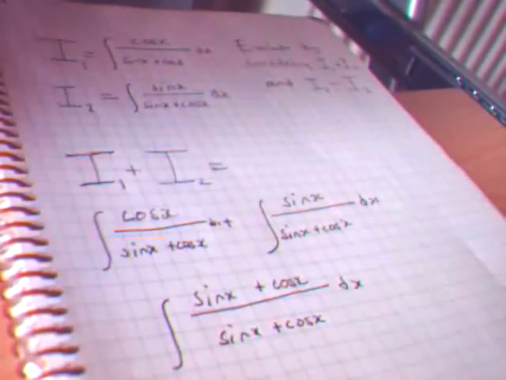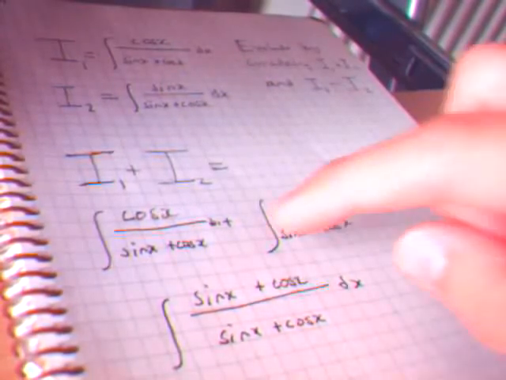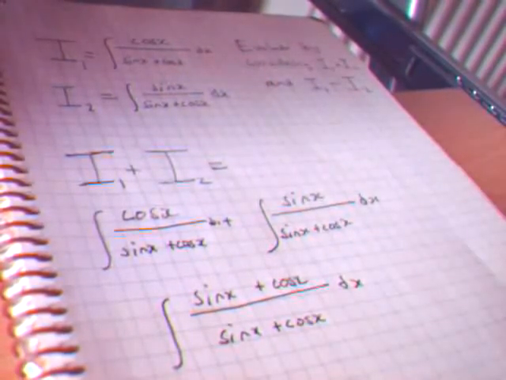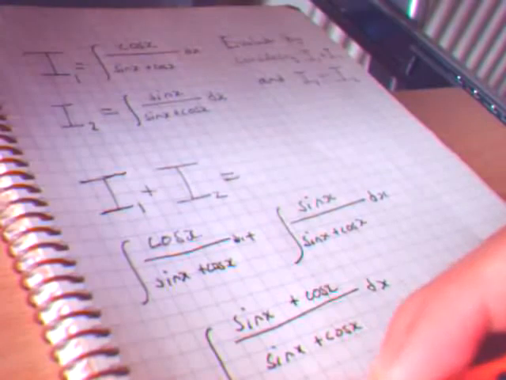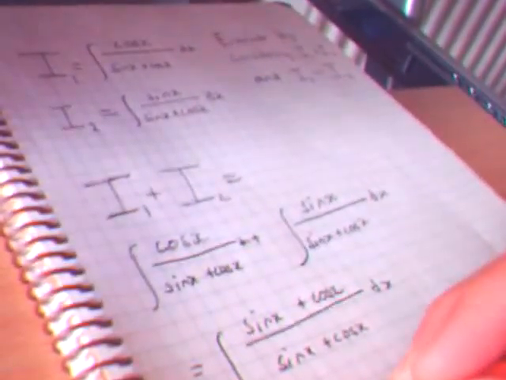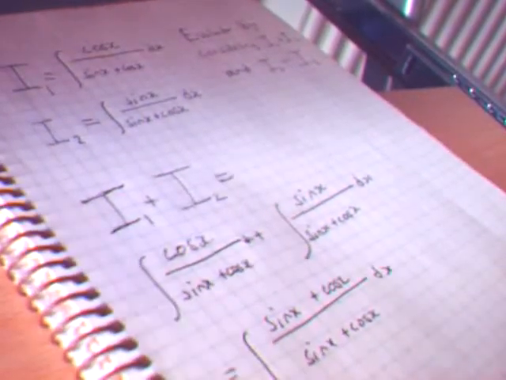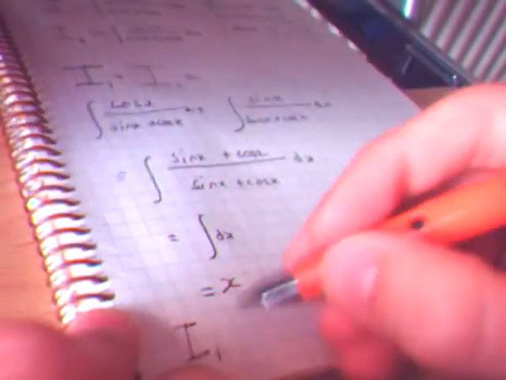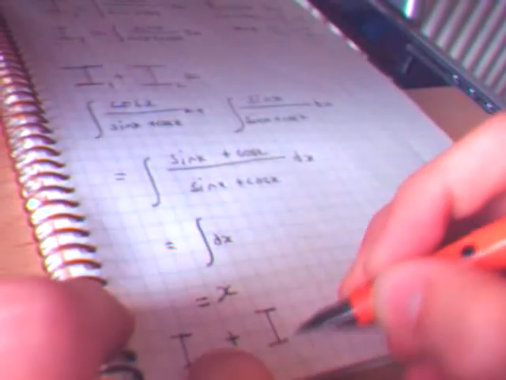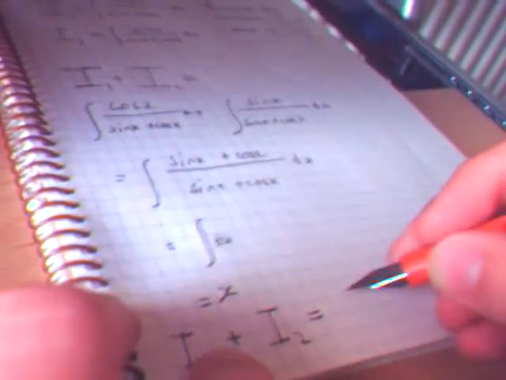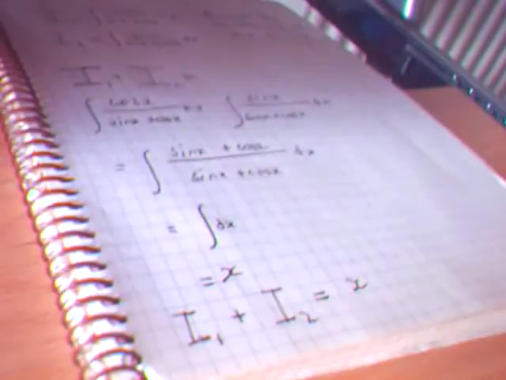However, here we have a fraction with the top the same as the bottom, so it's 1. So this equals the integral of dx, which equals x. So we can say that I1 plus I2 equals x, which is quite cool.